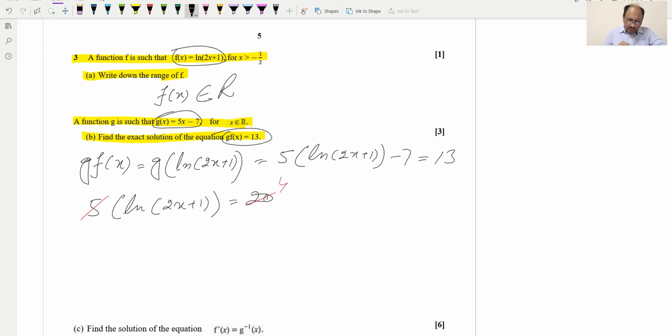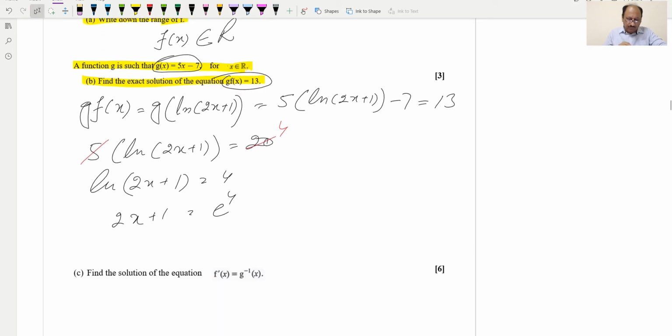So log of 2x plus 1 will be equal to 4, and we can take e raised to the power on both sides, so e raised to the power 4.